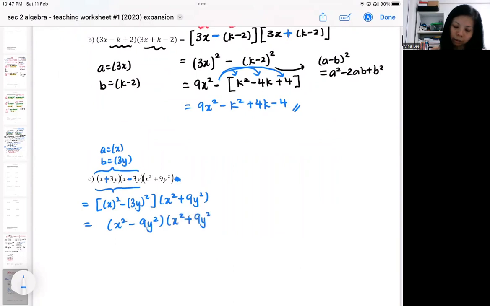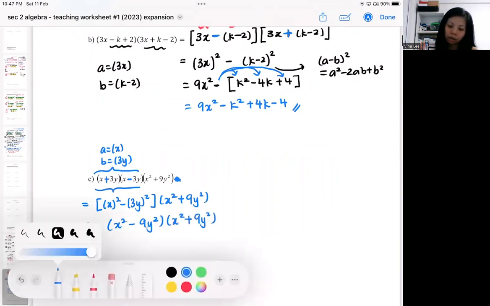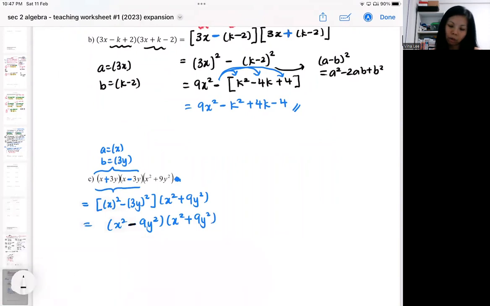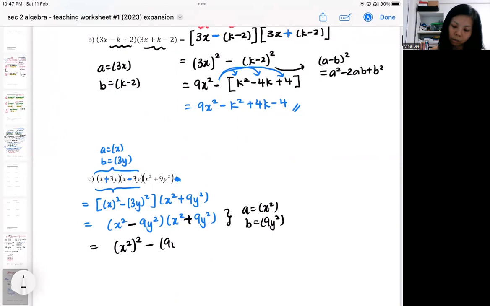After I manage to do this, I realized that I can apply the formula one more time, where A will be x squared, B will be 9y squared. So I'm going to apply the formula one more time. That means x squared squared minus 9y squared squared. So I will get x^4 minus 81y^4.